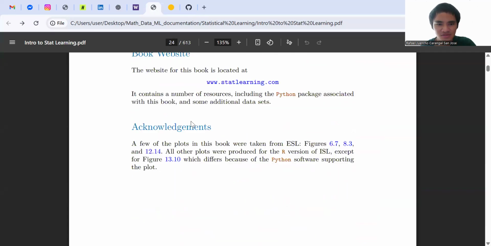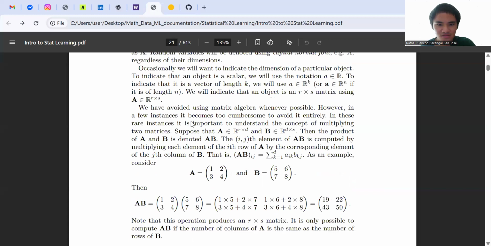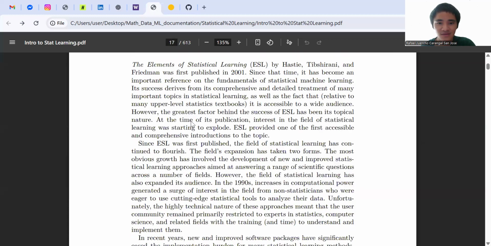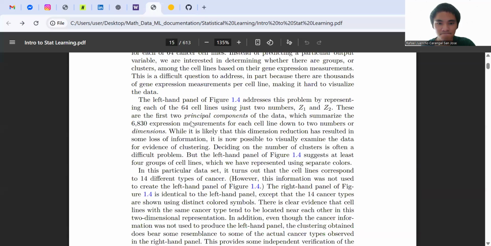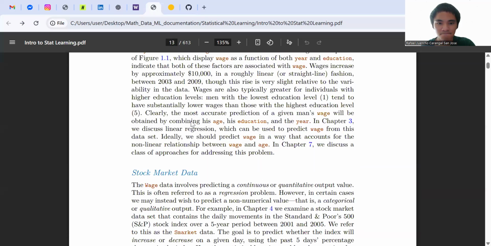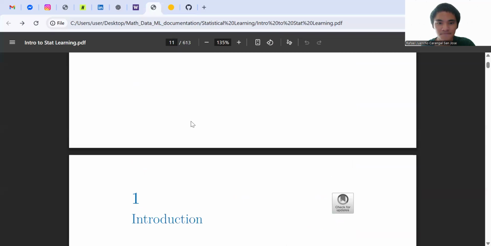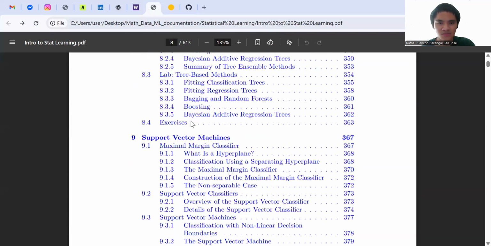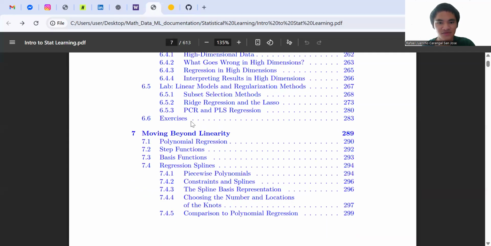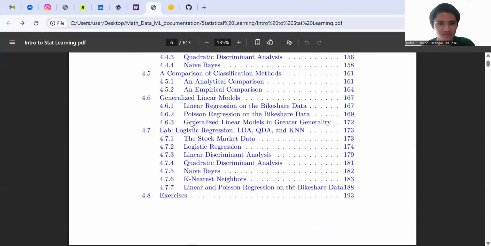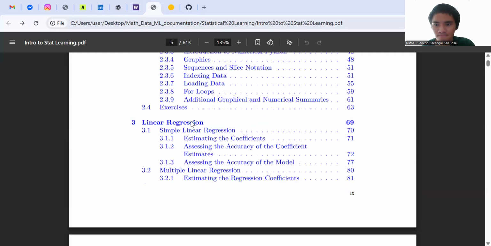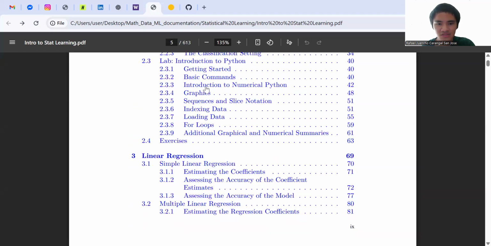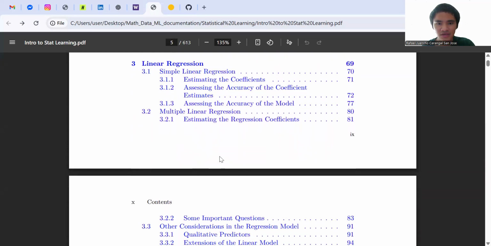I'm not super sure about the least squares fit. We probably talked about it in some way, shape, or form. What's this? Linear regression. Oh, Python.